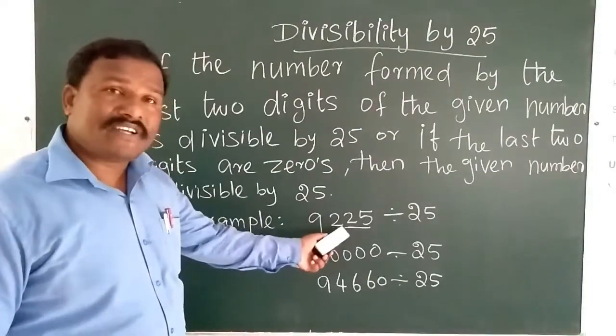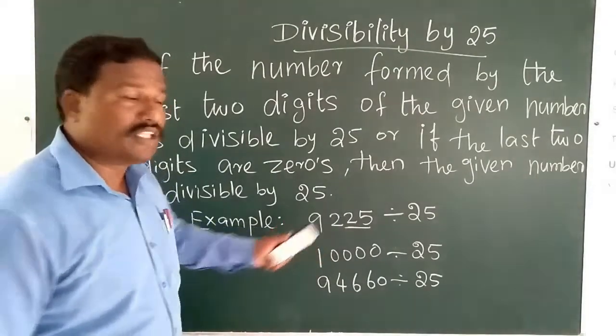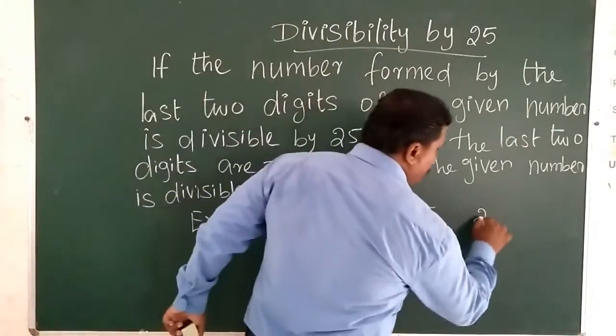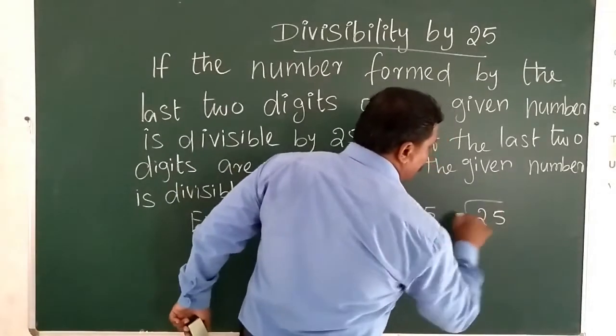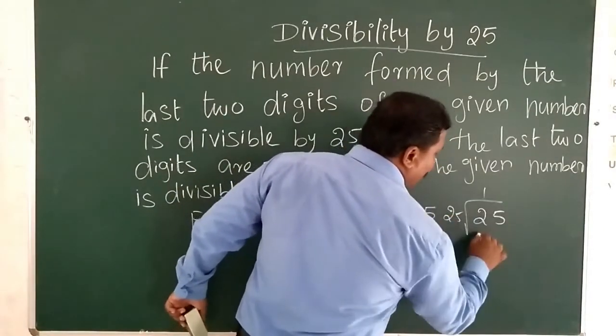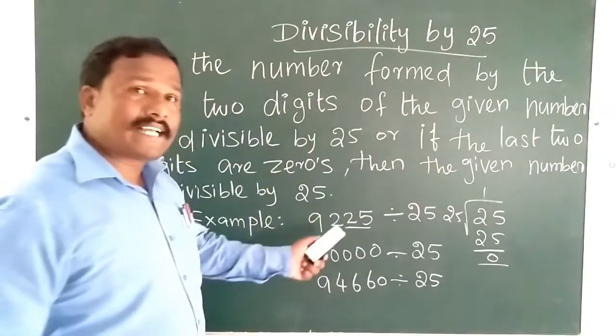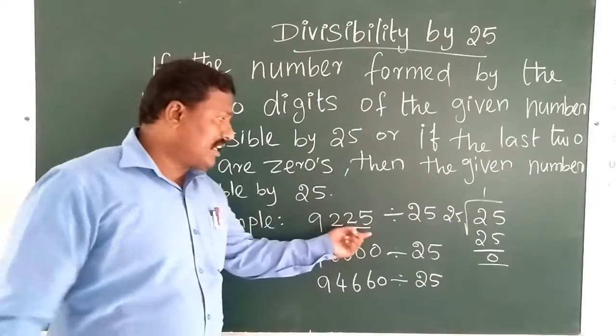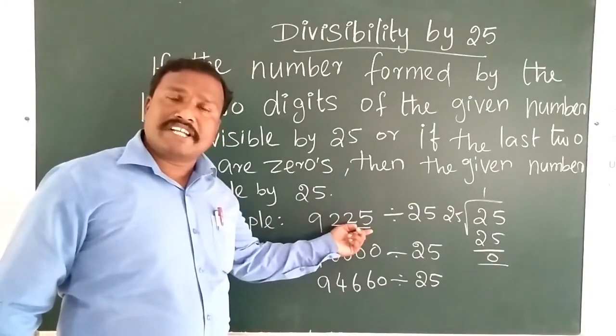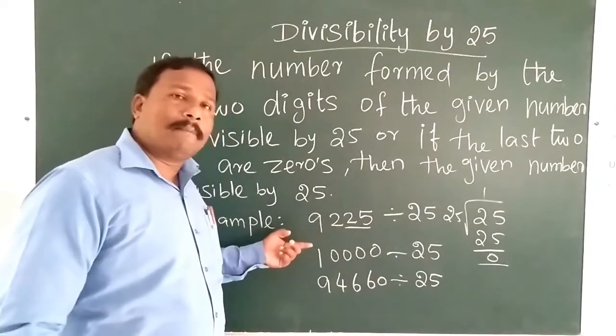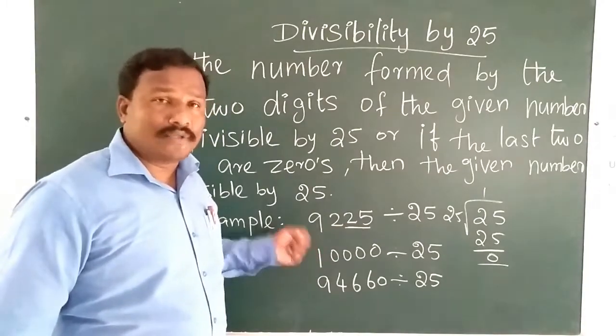So take 25, then divide by 25. 25 divided by 25 is 1. So it is divisible. If the last two digits are divisible by 25, the whole number is divisible by 25.